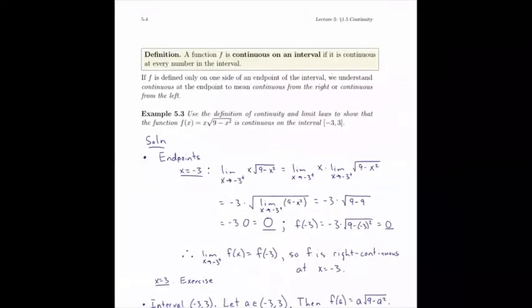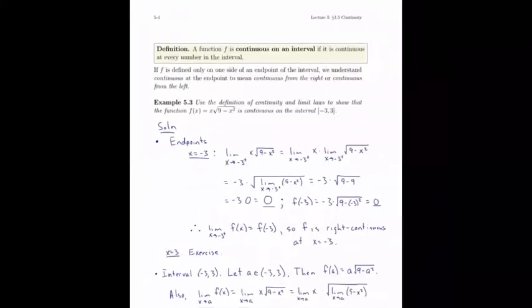Notice that an interval might have a left endpoint and a right endpoint. So f can only be one-sided continuous at either endpoint of an interval. We'll see this in the example below. If it's only defined on one side of an endpoint of the interval, then continuous at the endpoint means continuous from the right or continuous from the left.